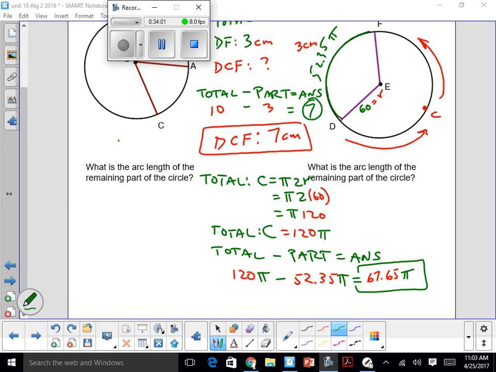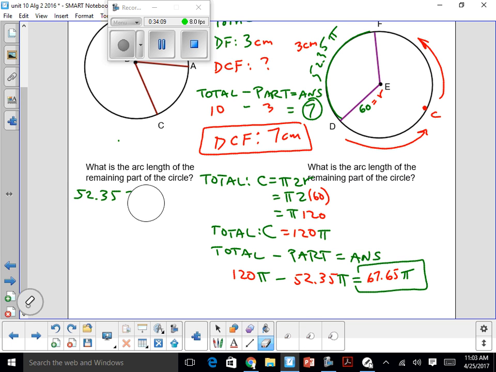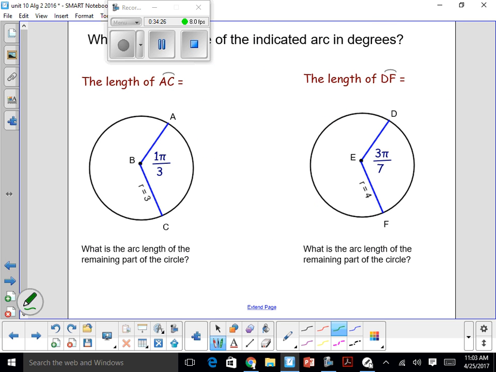Write it as a fraction over the radius. The radius in this case happened to be 60. How do you turn a radian into degrees?